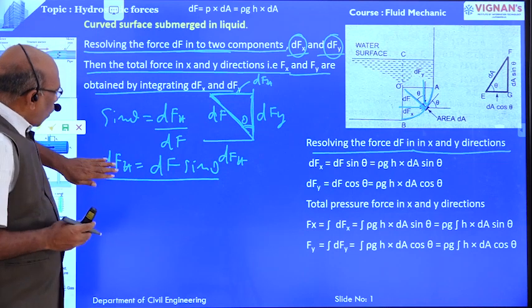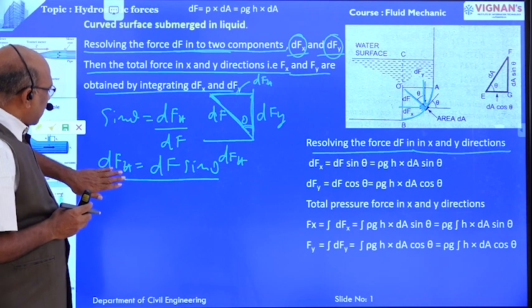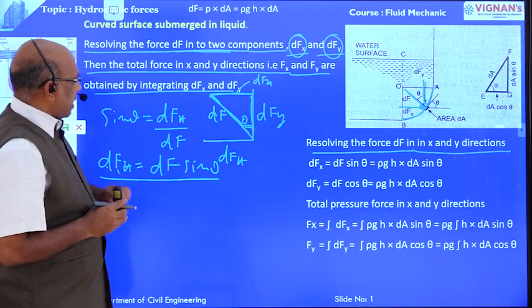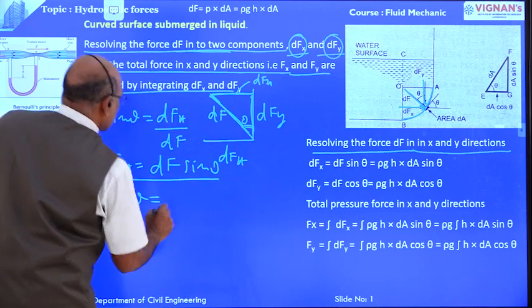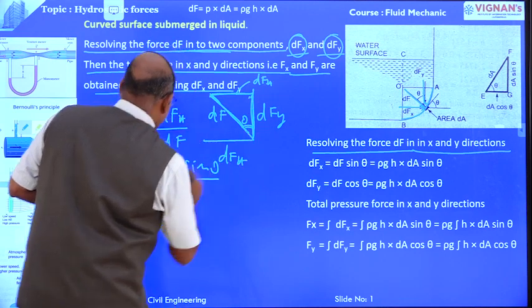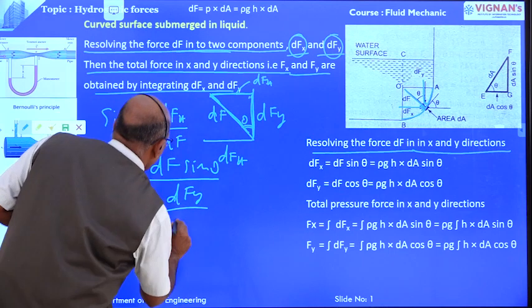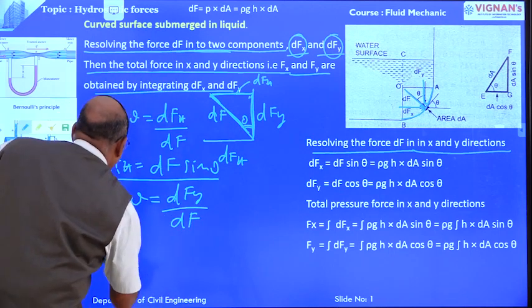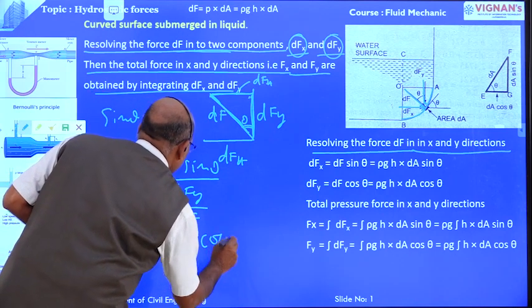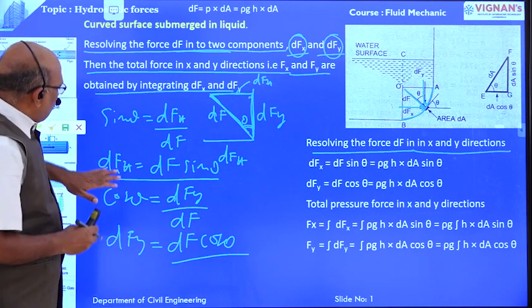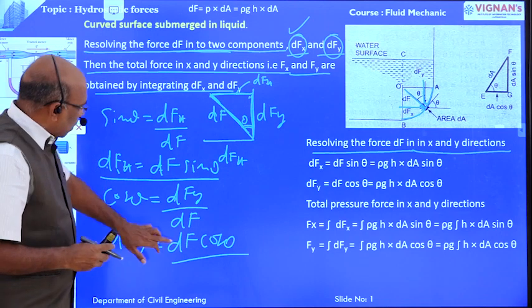dFx means the component of the pressure force on the strip in the x direction, dFx is equal to dF sin theta. Similarly, cos theta is equal to the adjacent side, dFy, divided by the hypotenuse, dF. Therefore dFy is equal to dF cos theta. So dFx is equal to dF sin theta and dFy is equal to dF cos theta.